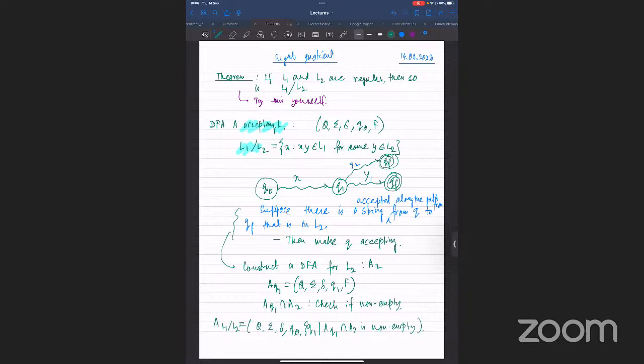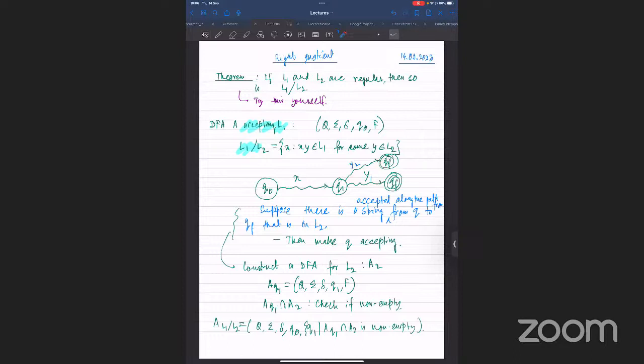Clear? Is it okay? So now what is happening? You are starting with the initial state Q0 for the right quotient, but you are ending here itself because there is a suffix which is going there and getting accepted.